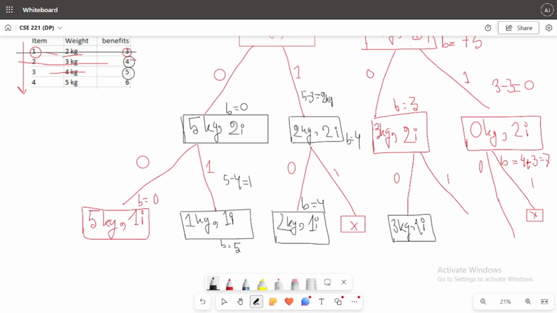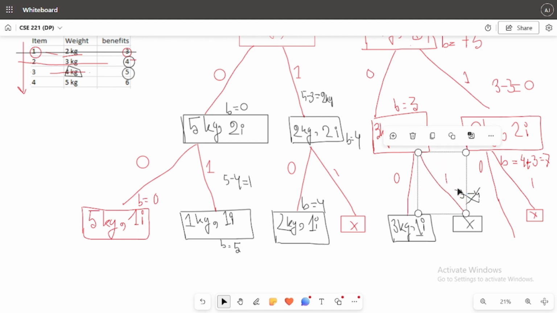Okay, and if we pick any item, it will be negative, because for item number 3 it is 4 kg, right? So we cannot pick anything. Why? See, 3 minus 4 will be minus 1. So we will not do that.